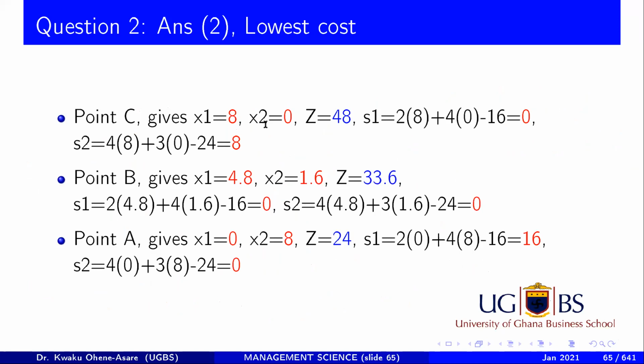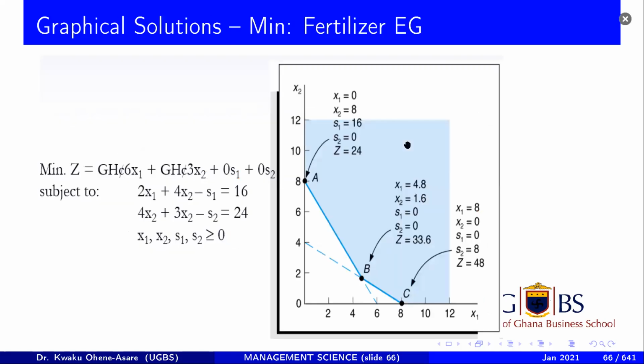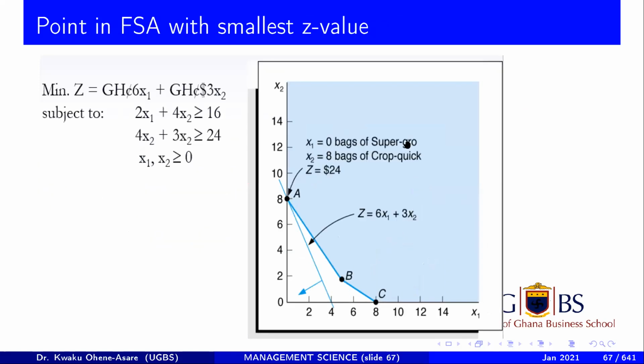You should just put all resources into the production of urea, and they should produce 8 bags of urea, which is the X2. And if they do that, they will incur the lowest cost of 24 Ghana cedis. And that is how your advice is going to be. This is all of the pieces of advice.